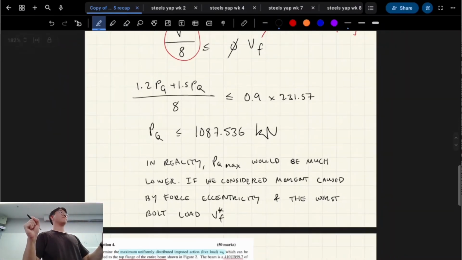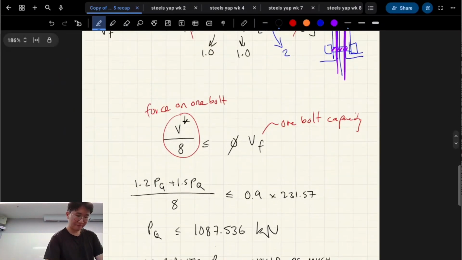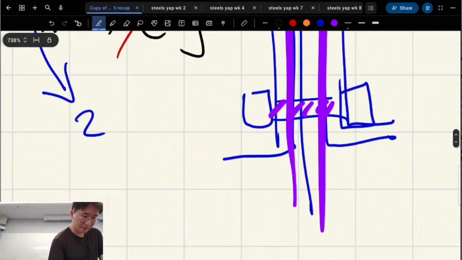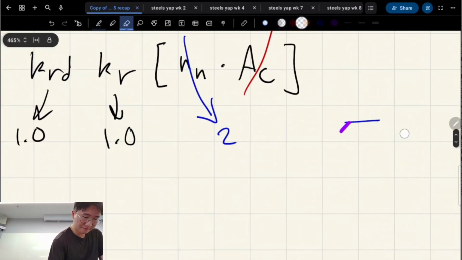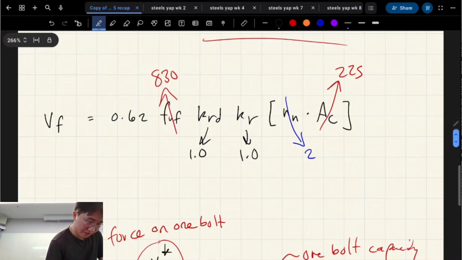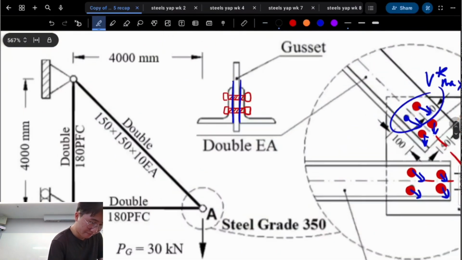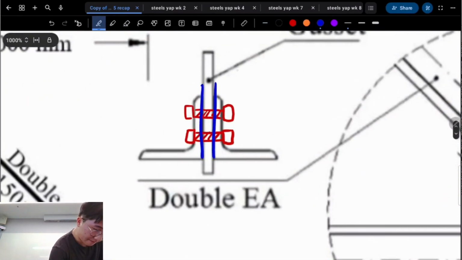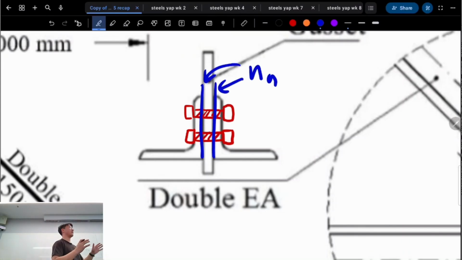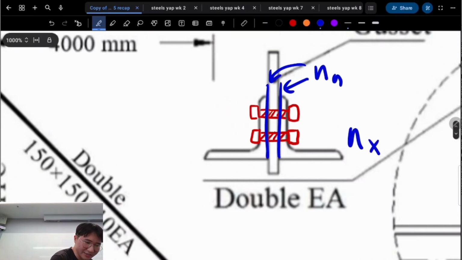Why is it just physically enough? Oh yeah, let me just go up to here. NN is the number of shear planes we have going on here. Specifically, it's the number of shear planes that intercept threads. NX means it doesn't intercept threads.